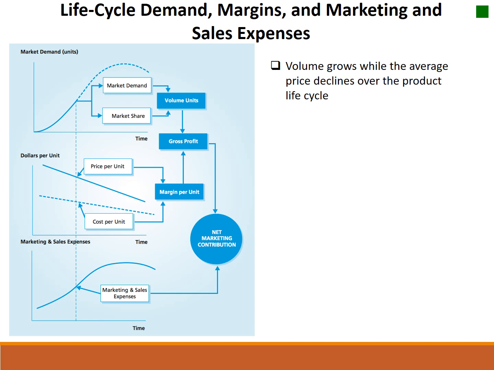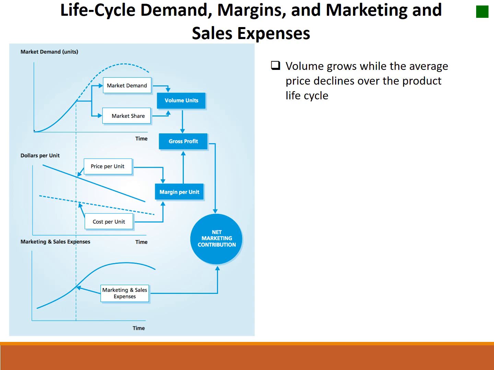One thing that we know is that as products sell over time, as they diffuse into a market, volume will begin to grow predictably, yet as more competitors enter the industry, and more options to the consumer become available to them, prices start to decline and start to lower over time.